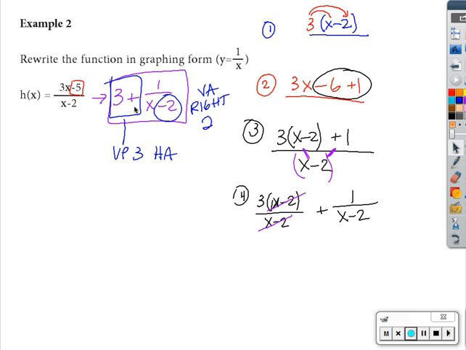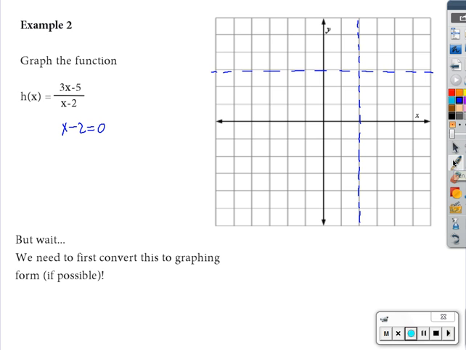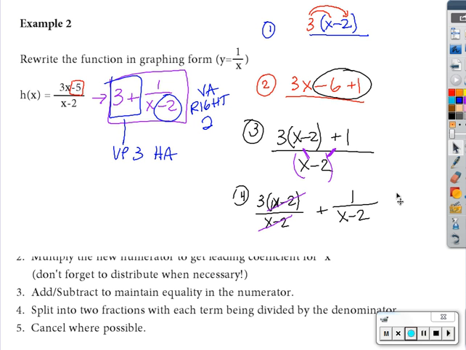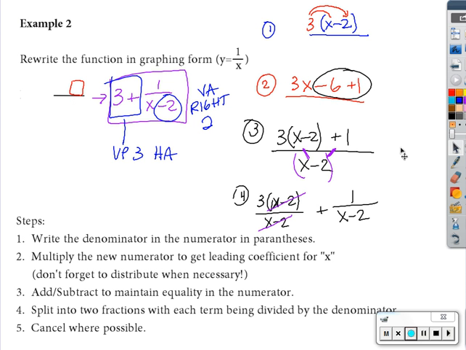So that means first and third quadrants, and there's your graph. Now, if we want to rehash the steps here, I wrote them out for you. You might want to copy those down, and we're going to move on to the final example.